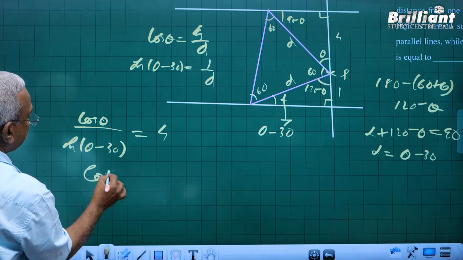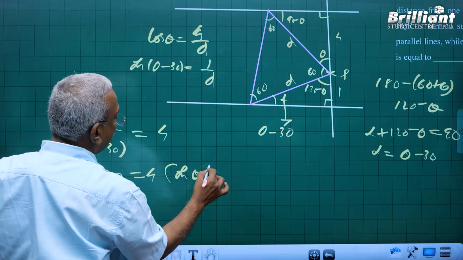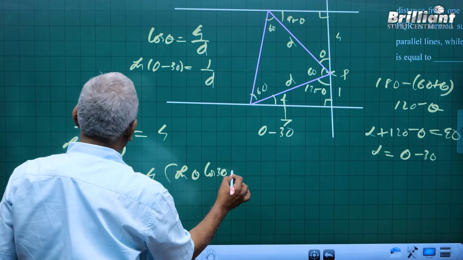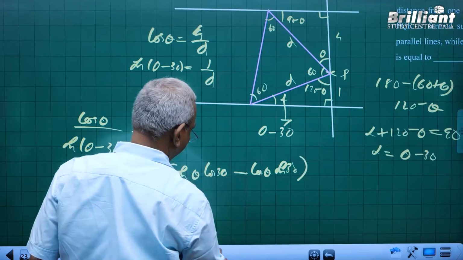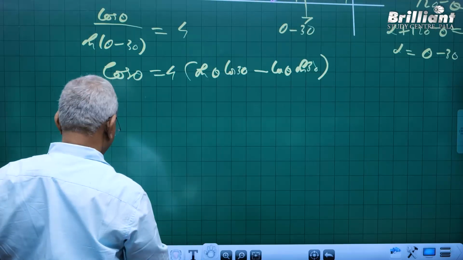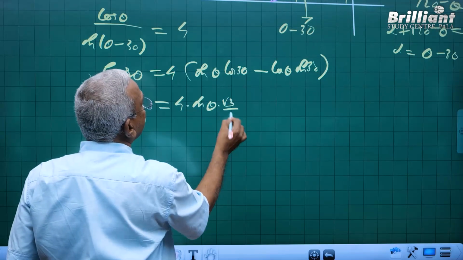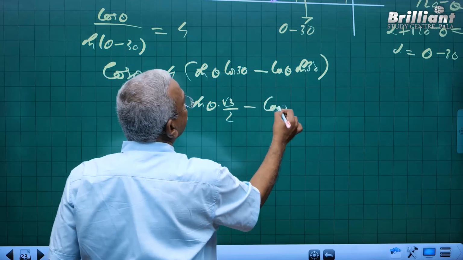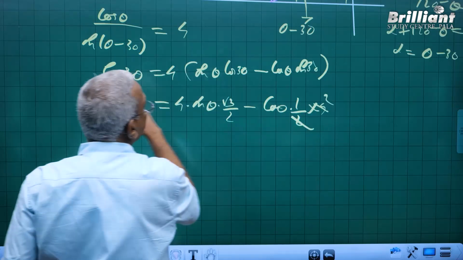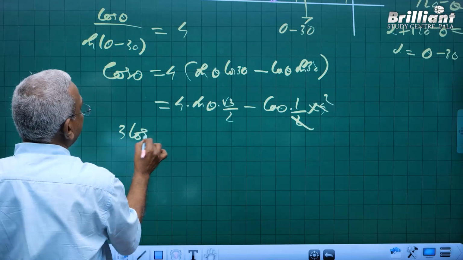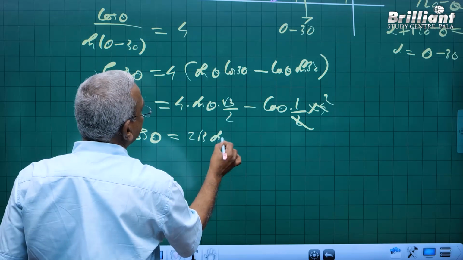So cos theta is equal to 4 into (sin theta cos 30 minus cos theta sin 30). So it is equal to 4 into (sin theta into root 3 by 2 minus cos theta into 1 by 2). We can cancel the 2 and shift to this side as 3 cos theta. 3 cos theta is equal to 2 root 3 sin theta.